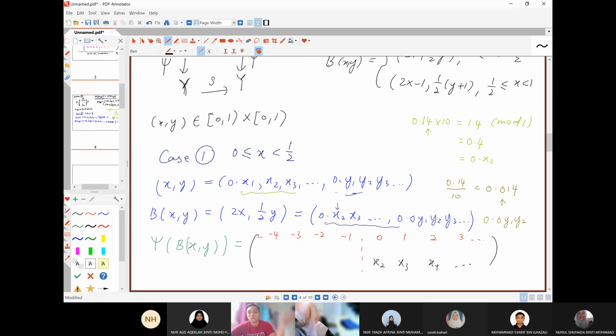Is that okay? Alright. Now for the case of the y position, kita akan dapat, so the first digit here is 0. So that means here is 0. So we have y1, y2, y3, and so on.